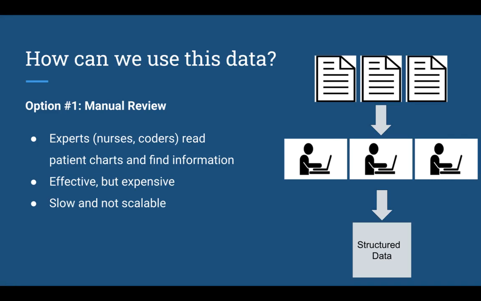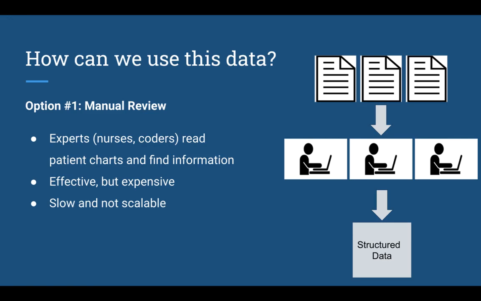So there are a few different ways that you can get this data to be used. One is through manual review. And in this, you have experts who might be nurses or paid medical coders to read through patient charts in great detail. There's a lot of information in patient charts, and find the relevant information and put it into some structured computable format.